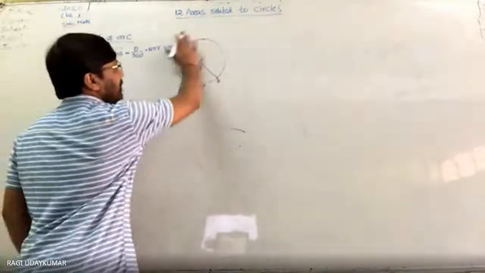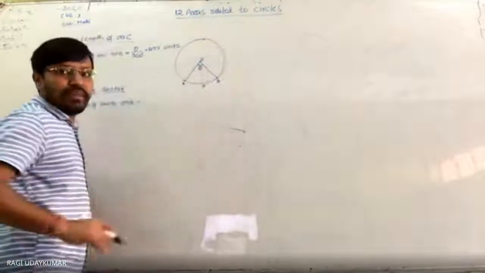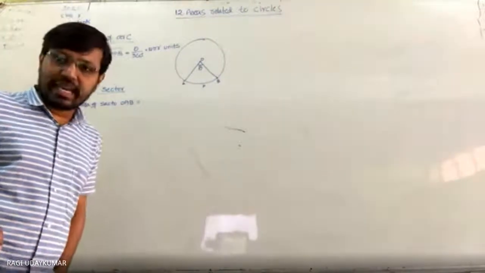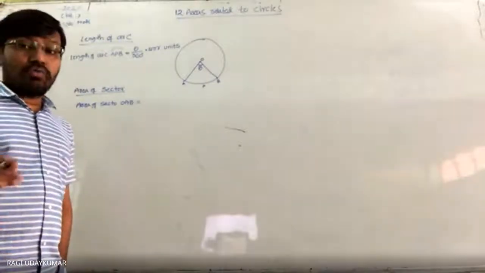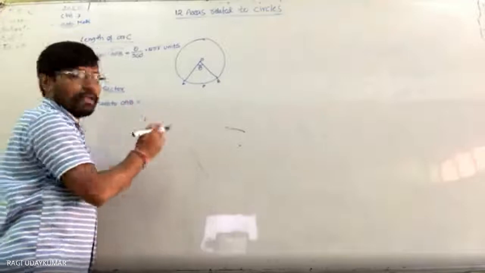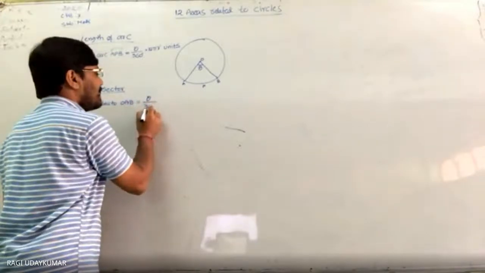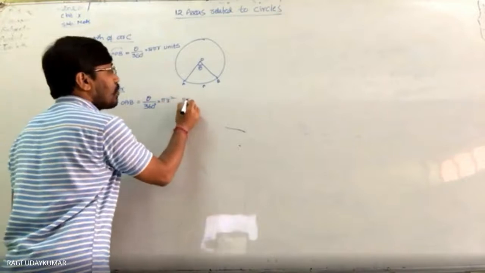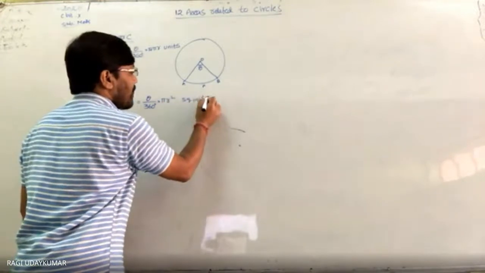Complete area कितना है? What is the complete area? Complete area is pi r square. So out of pi r square, you need to take only some part. So that is theta by 360 degrees into pi r square. Square units. So these are the main 2 formulas.